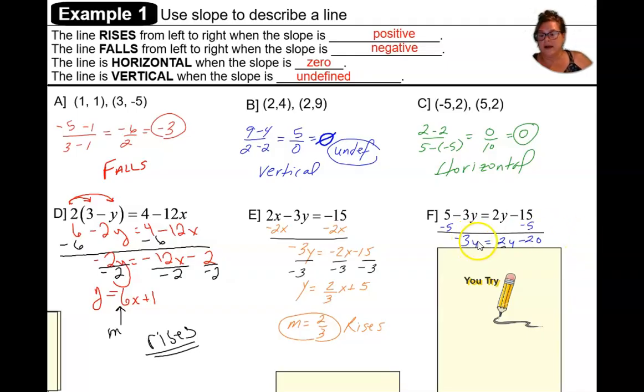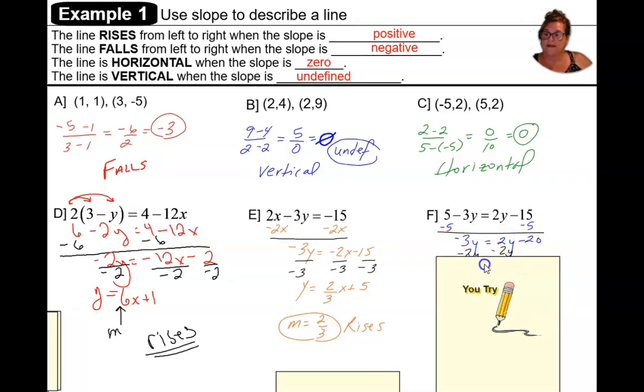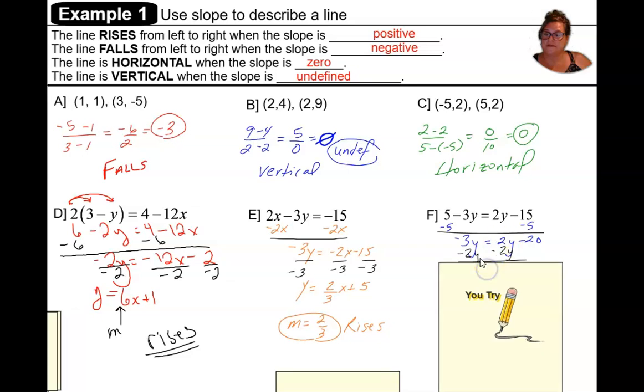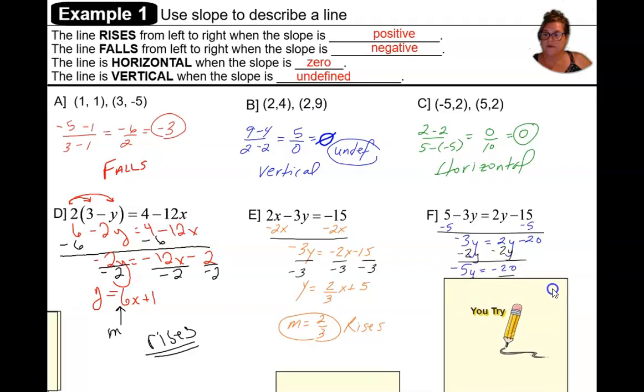Okay, now I can think about this a couple of ways. I could divide everything by negative 3 at this point to get the y here by itself, or I could take this 2y and subtract it to the other side. I think that's what I'll do. So I subtract the 2y from both sides. Now I have a negative 5y equal to negative 20.